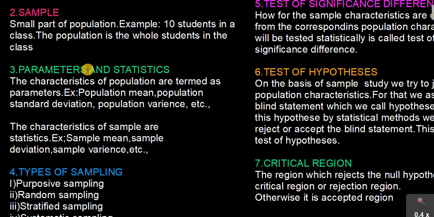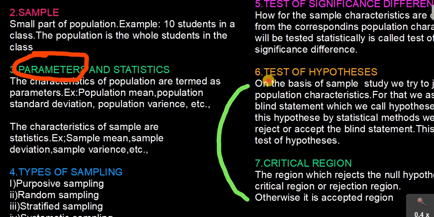Any characteristic of the population is termed a parameter. So parameters are nothing but the characteristics of a population. Look at that. What is this parameter? As I was explaining just before, take for example this population.